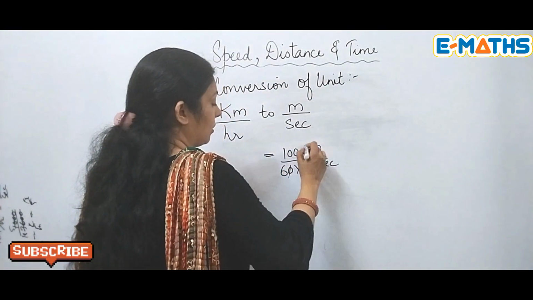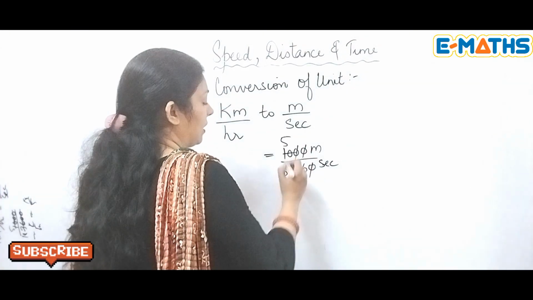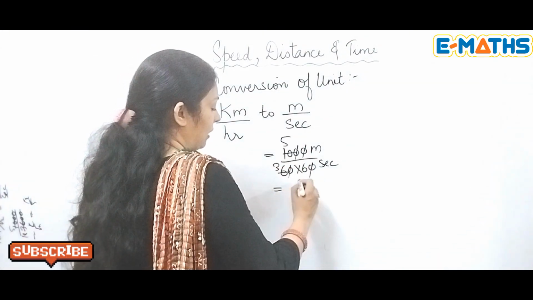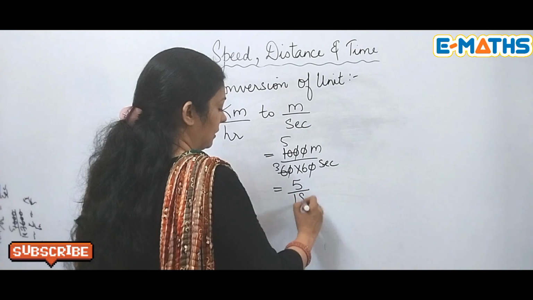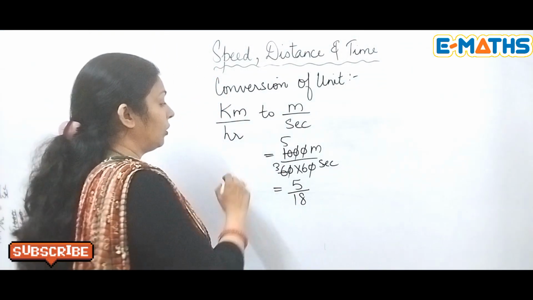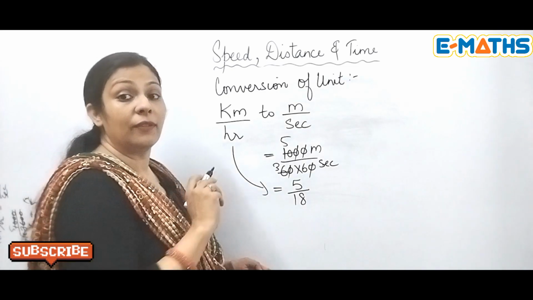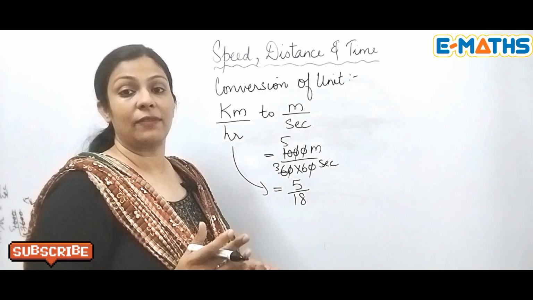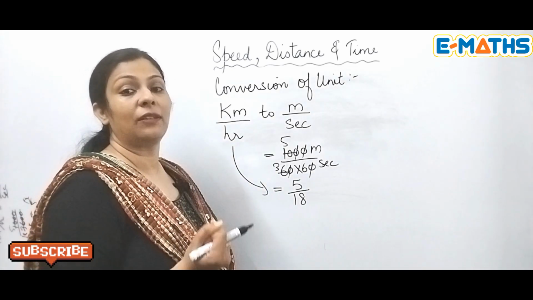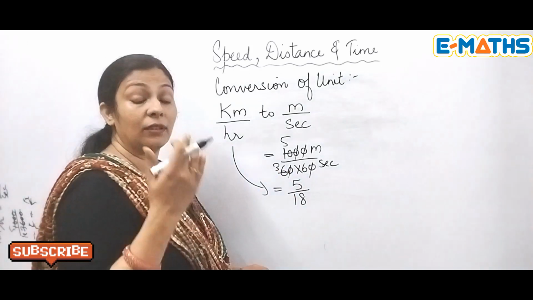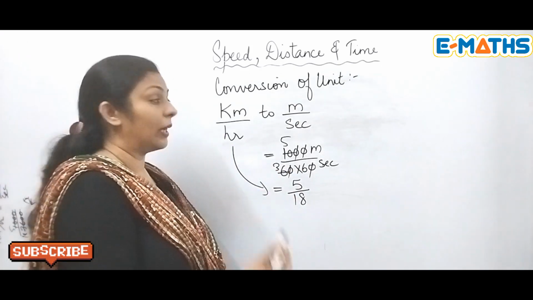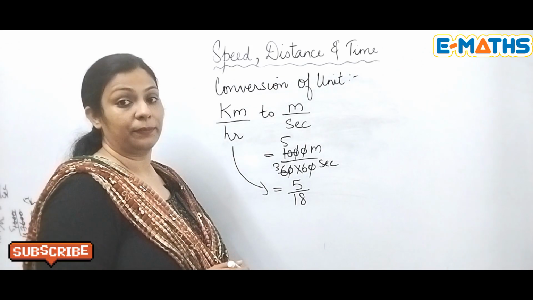So zeros got cancelled, 2 fives are 10, 2 threes are 6, so that will be 5 upon 18. When you have to convert kilometer per hour to meter per second, you need to multiply by 5 by 18. Whatever number is given to you, you just need to multiply it by 5 by 18 to get your units converted.